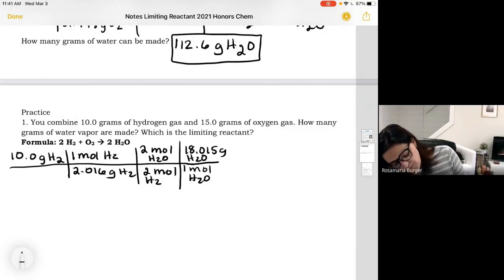All right, so we have 10 grams divided by 2.016 times 18.015. I get 3 sig figs, so I get 89.4 grams of water.